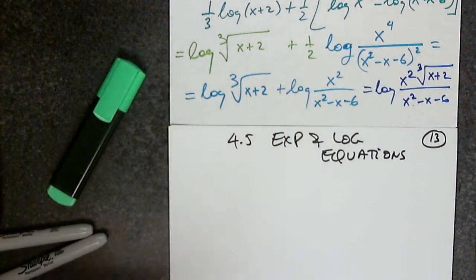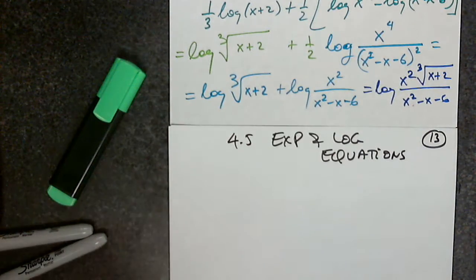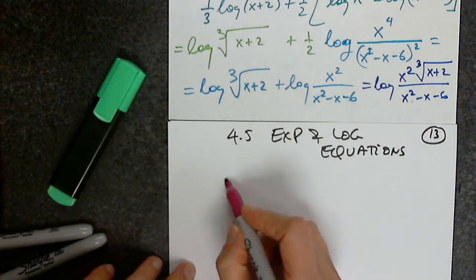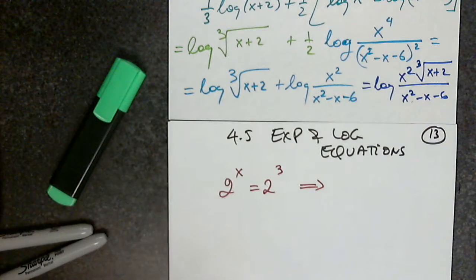Exponential and log equations. I'm going to start with the simplest possible one, and there is nothing easier than this. What does this imply? Two numbers are equal and they have the same base.